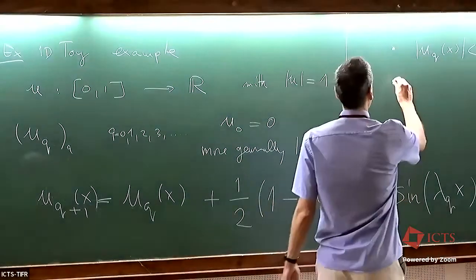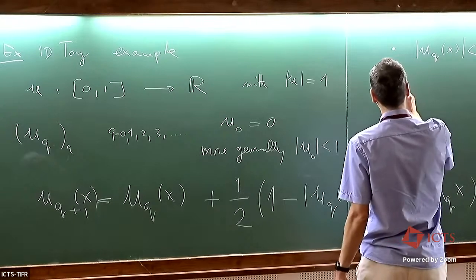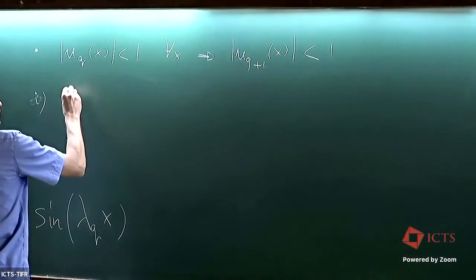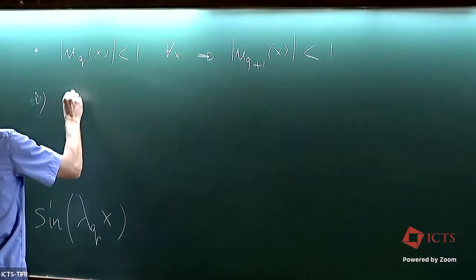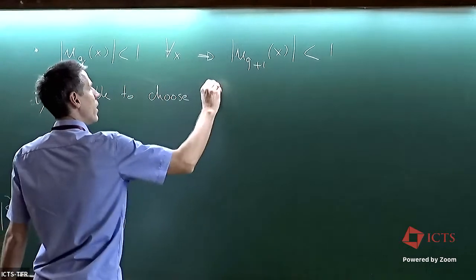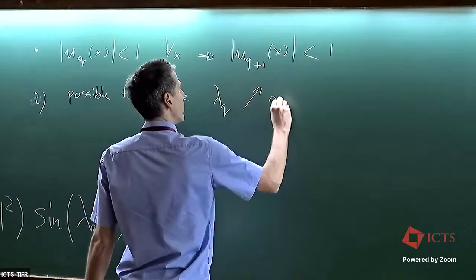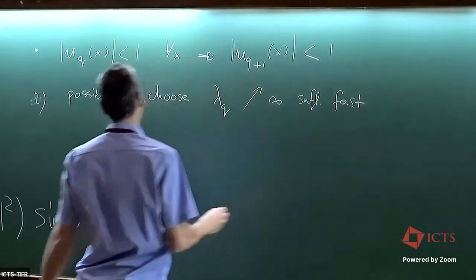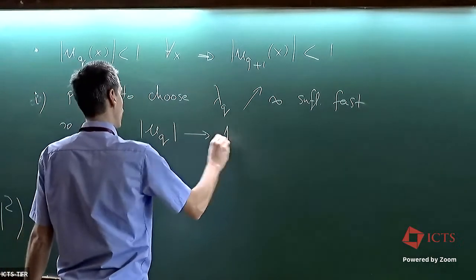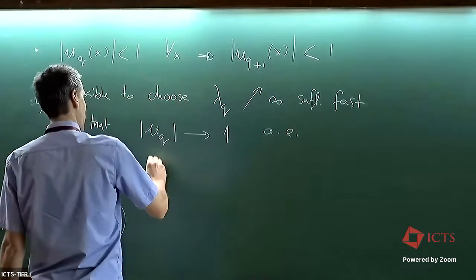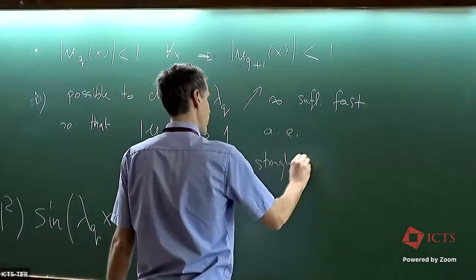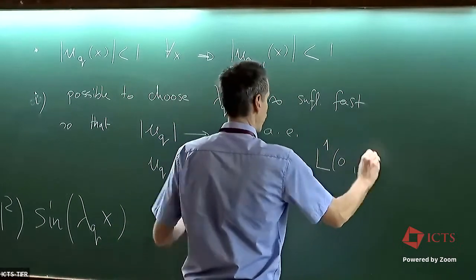That's for this 1/2. Then part one of the exercise is to show the following: it is possible to choose this sequence lambda_q going to infinity sufficiently fast so that the modulus converges to 1 almost everywhere, and the sequence converges strongly, let's say in L1, to a function of modulus 1.